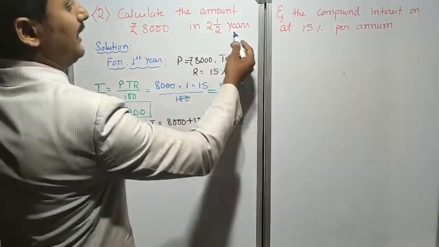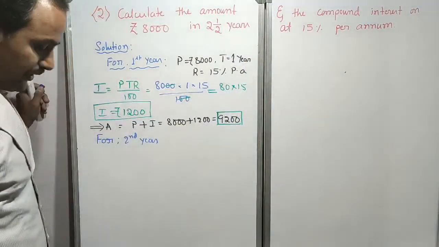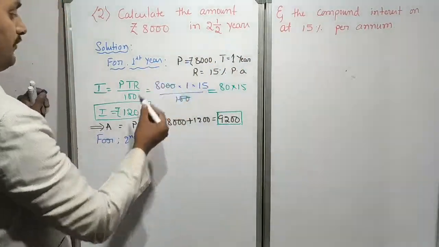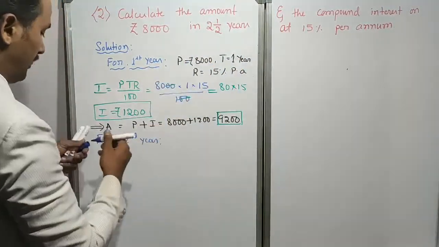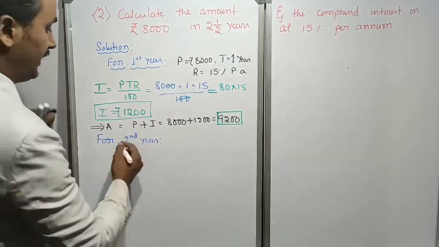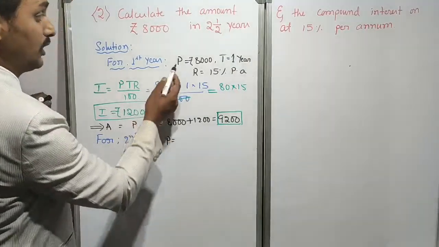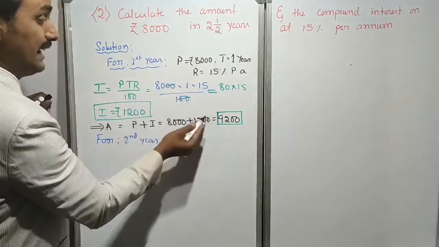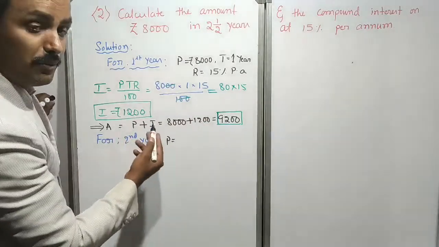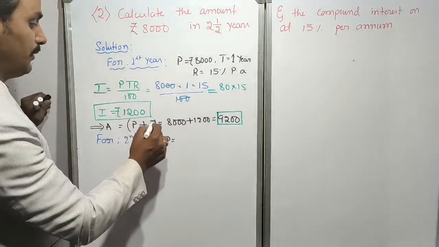See, totally how many years amount and compound interest are we finding? 2.5 years. First year over. For the second year, how much did the principal amount become? The second year beginning principal amount, don't write down 8,000. That first year end amount, how much is it? Amount is principal plus interest.